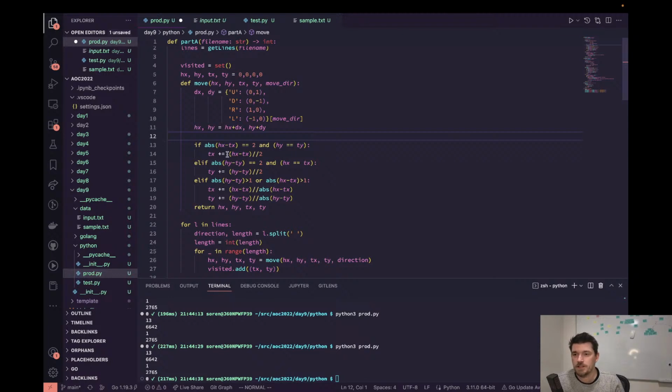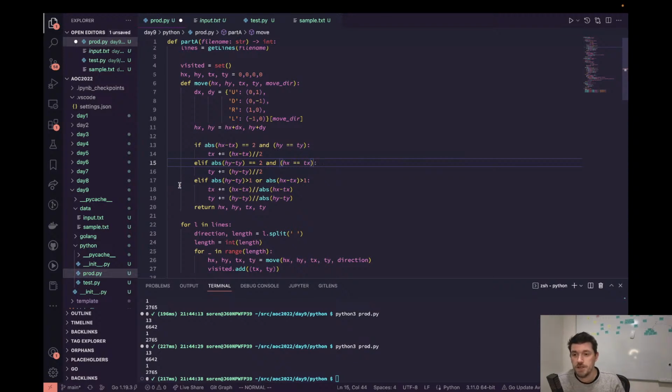And then we take the difference between them and do an integer division by 2. Without the double slash, I would get a fraction or a float, so 2.0, and then all of a sudden my coordinate system is fractional, and I do not have time for that. So I do that, and this is the same thing, only with the y coordinate being two different.